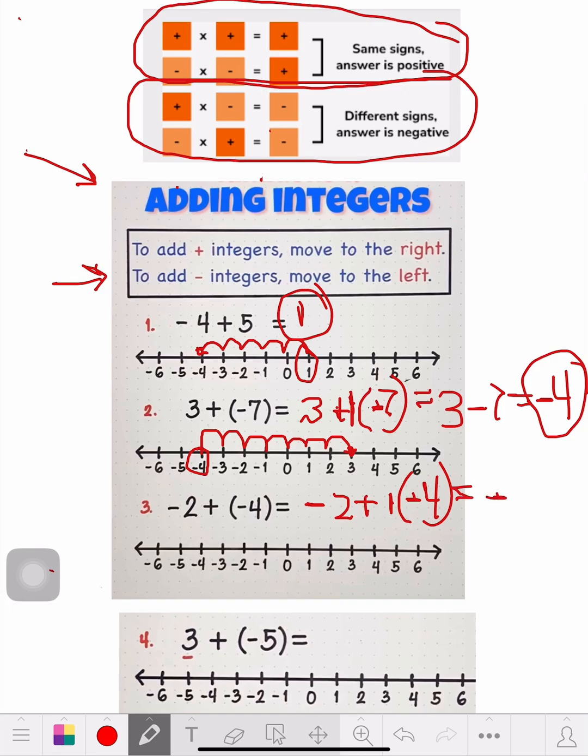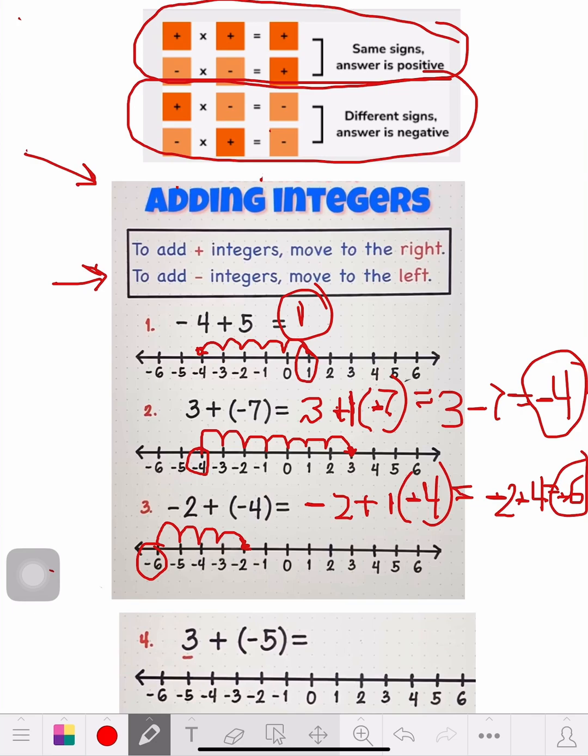So it's a -2 minus 4 equals. So we started with -2 right here. Now we're going negative. Okay, it says add negative integers, move to the left. So we're going to go 4 to the left. 1, 2, 3, 4. The answer is -6. -6. And that's the answer.